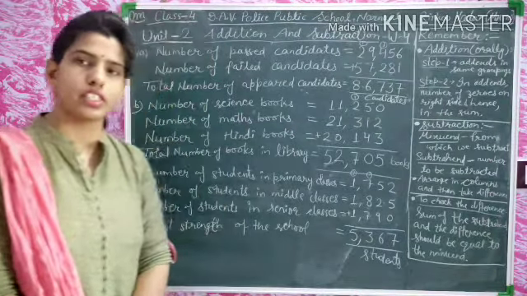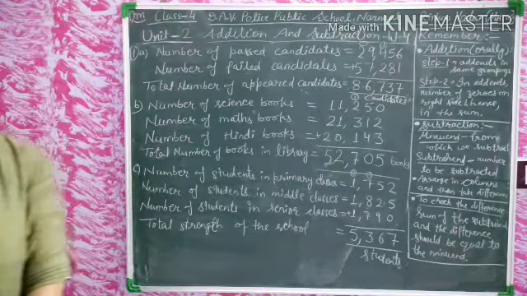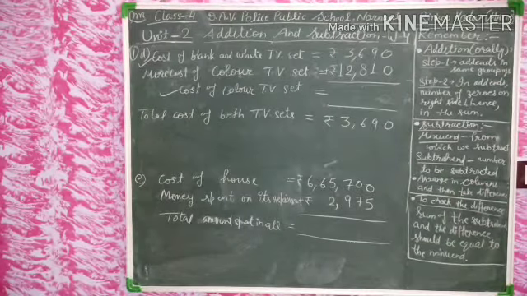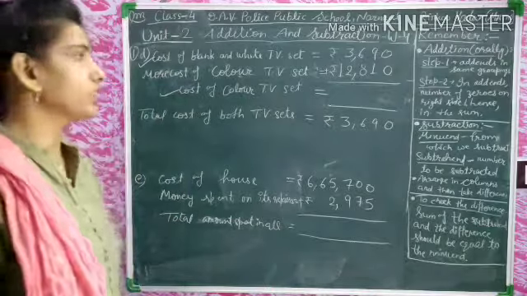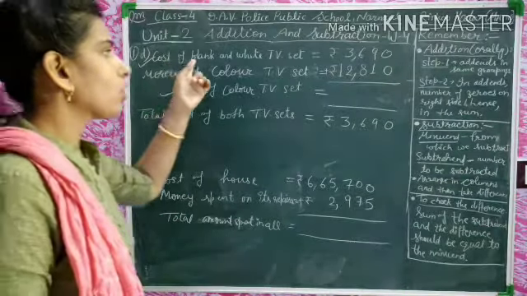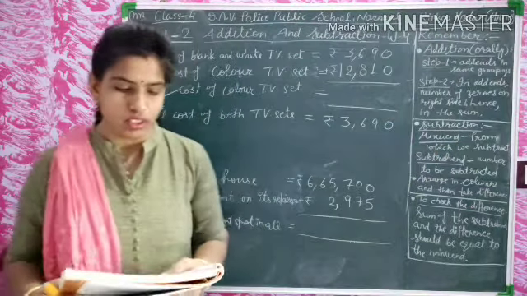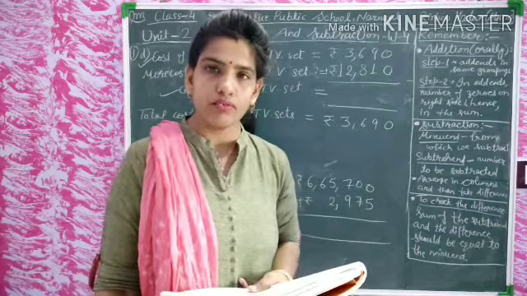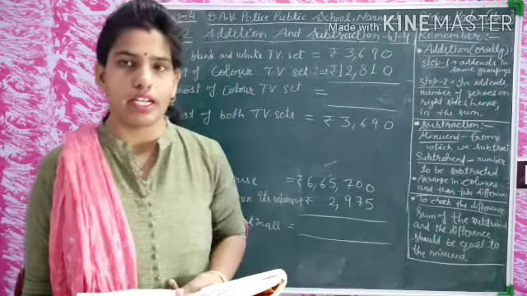Is it clear, students? These are the 3 questions here. Now, go to the next question. In the next question, I will read the question first. The cost of a black and white TV set is 3,690 rupees.